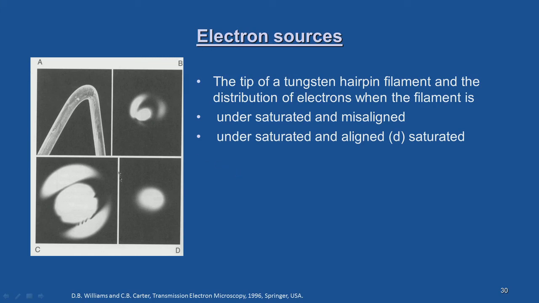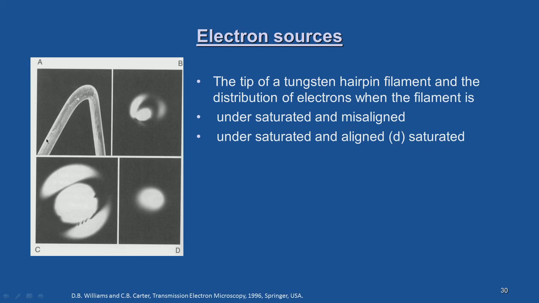And this is the image of the tip of a tungsten hairpin filament, and the distribution of electrons when the filament is undersaturated and misaligned, undersaturated and aligned, and saturated.